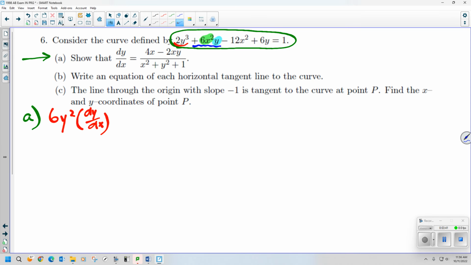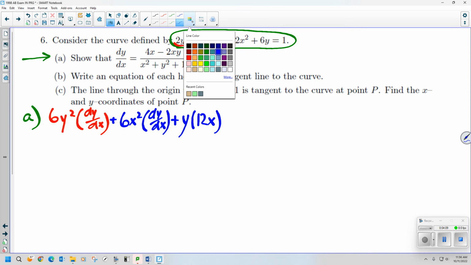So it is the first, 6x squared, times the derivative of the second, which is just y, so the derivative of y is dy dx, plus the second, which is y, times the derivative of the first, which is 12x. That was that whole second term. Okay, let's go to the next one.